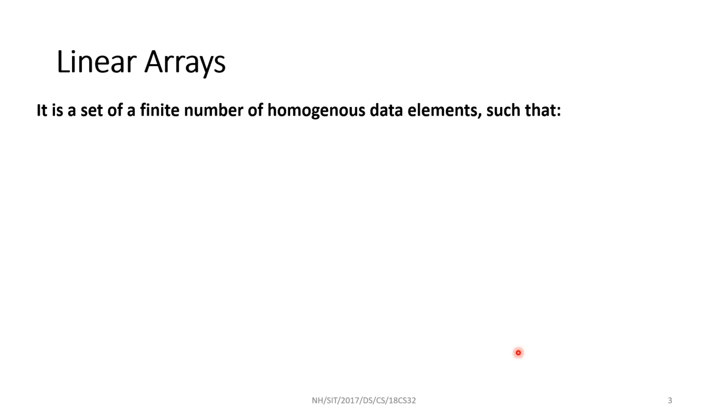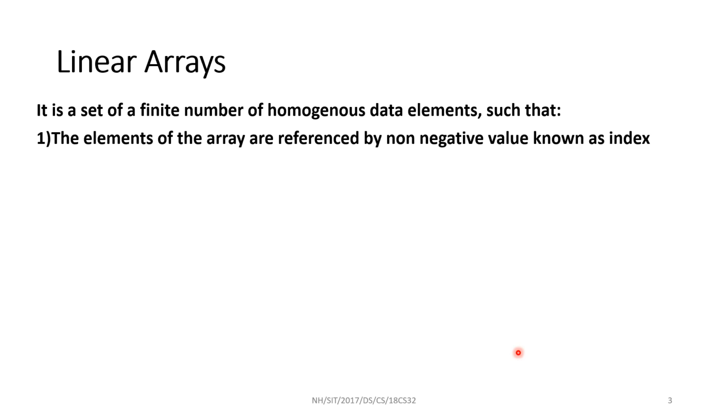So it is a set of a finite number of homogeneous data elements such that the elements of the array are referenced by a non-negative value. That reference number is called the index. The index cannot be a negative number. It can be 0 or any other number after 0. It cannot be negative. It cannot be floating point also.